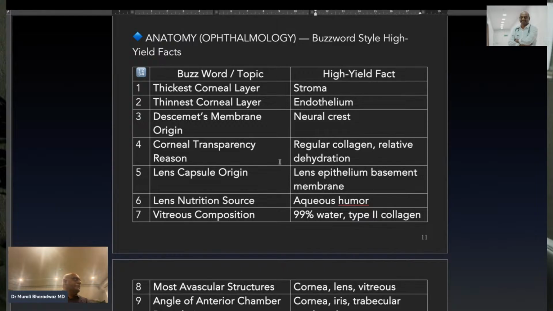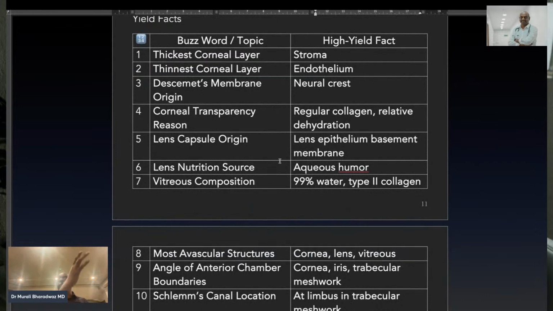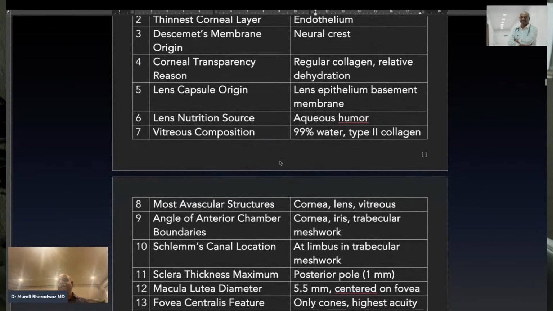Let's study one anatomy topic. The thickest layer in the cornea is the stroma. How many layers are there in front? 5 layers are there. Thinnest is the endothelium, the innermost. And which layer comes from neural crest? Descemet's membrane. And what is the cause for the transparency of the cornea?